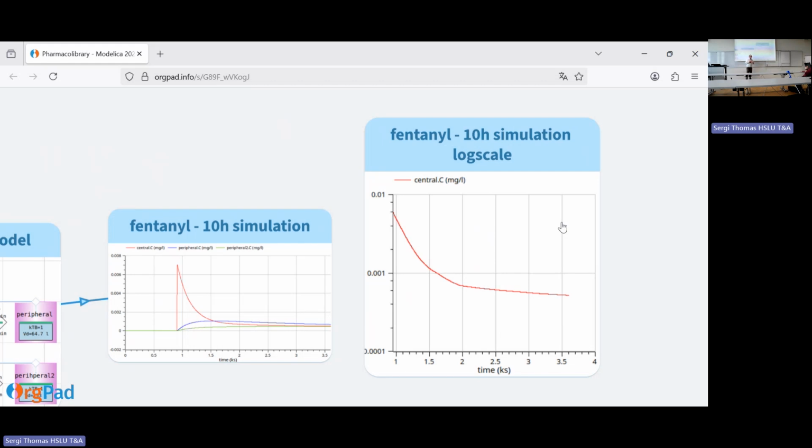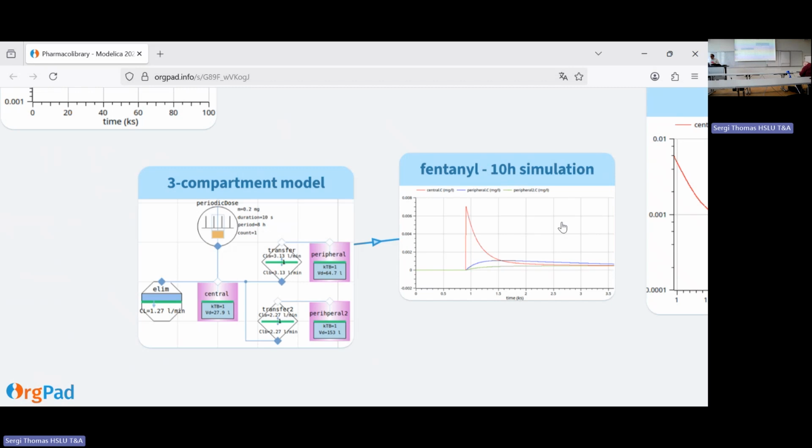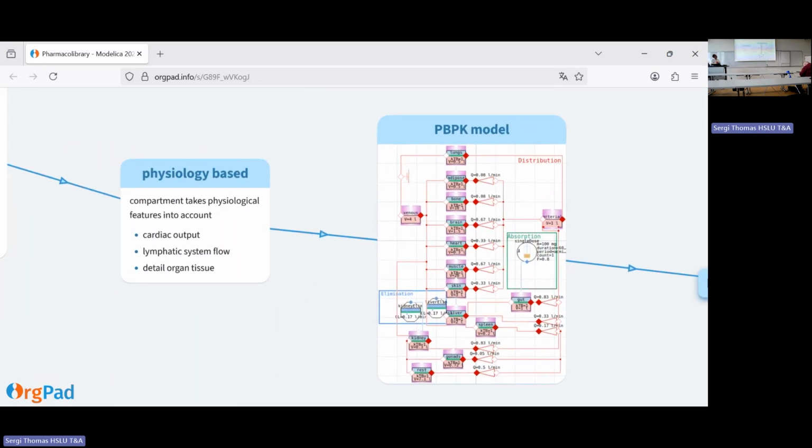And some of the drugs are designed so that the decline after some time after the administration is not so steep. So the effect of the drug is prolonged. Fentanyl is also known that it is misused in some countries, and it has some negative social impact, but that's not a part of this presentation.